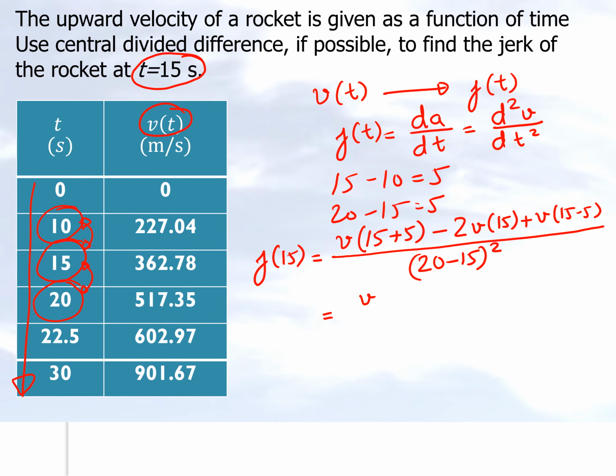So we have velocity at 20 minus 2 times the velocity at 15 plus the velocity at 10, divided by 5 squared.